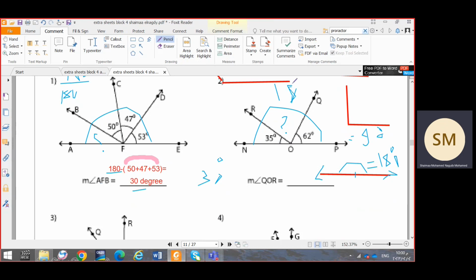So I will add this one plus this one, and the result I will make it minus from 180. يعني 62 plus 35. Okay, it will give me 97. I will minus from 180 and get the answer.